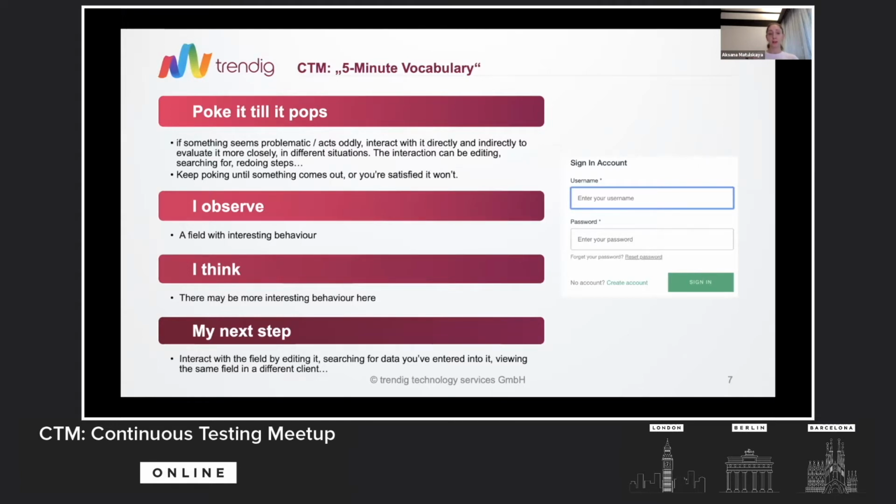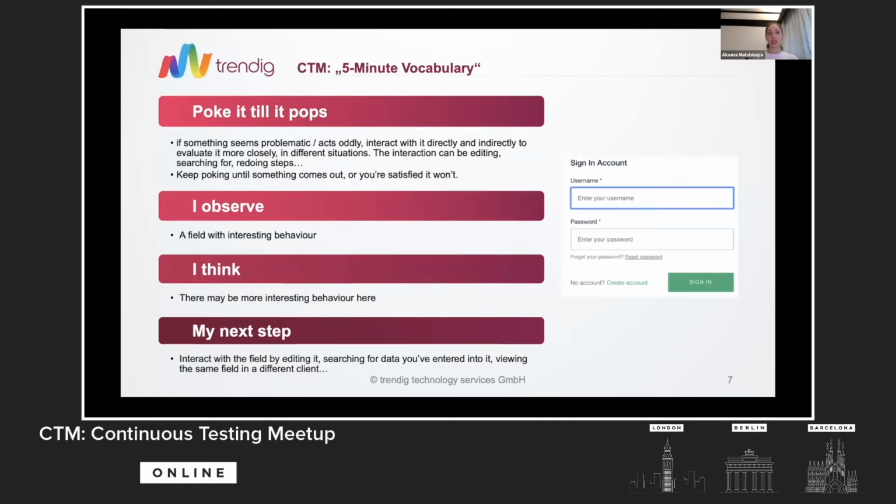And you think there may be more interesting behavior here. So you start to evaluate this field or these fields more closely in different situations. You put in valid and invalid usernames and passwords, you reset the password, or log in and log out, and see what happens.